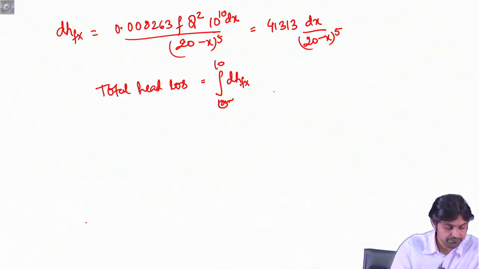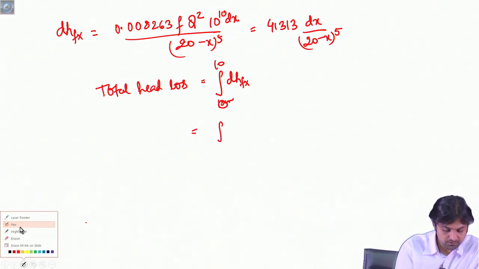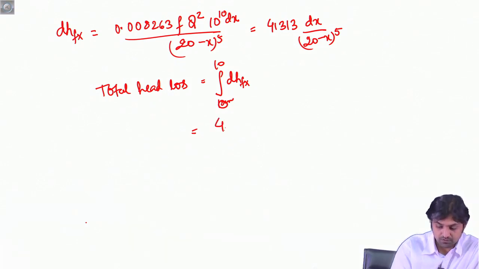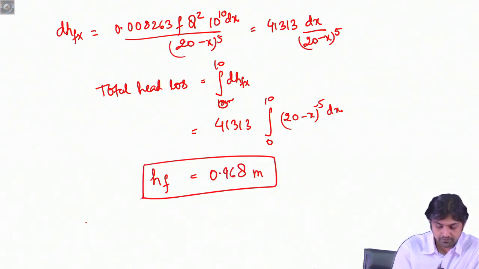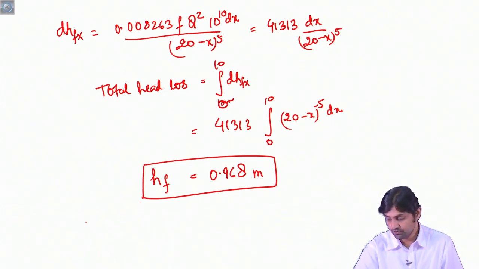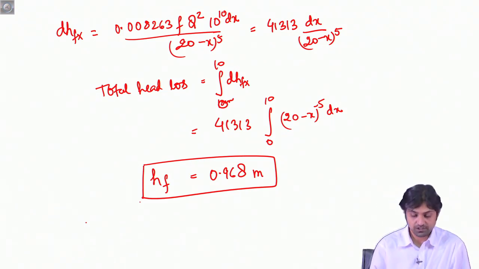So, total head loss is going to be 41313 integral 0 to 10 of 20 minus x to the power minus 5 dx, and total head loss HF is going to be 0.968 meter. So this is how you solve this question.